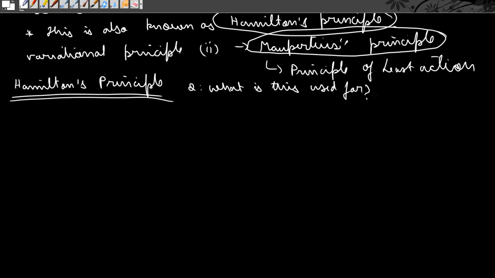Well, this is used to get the correct path among all possible paths that begin and end at specified coordinates and time.